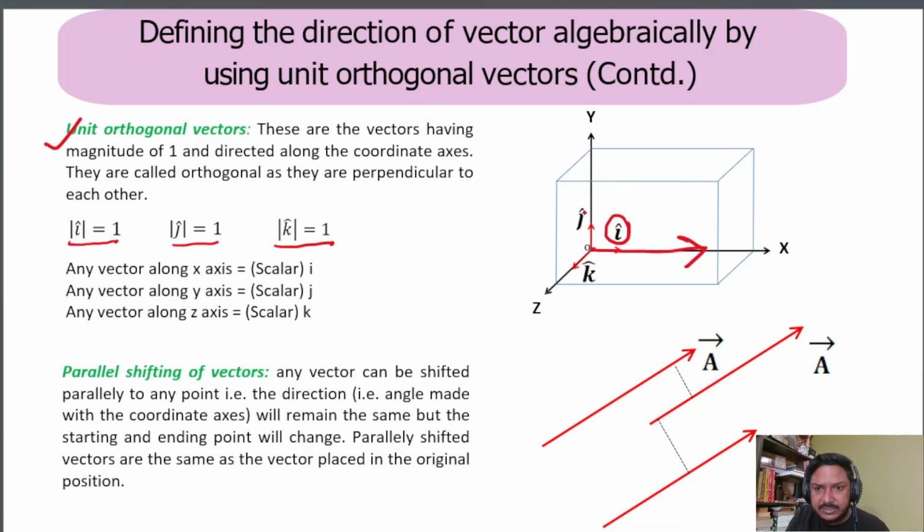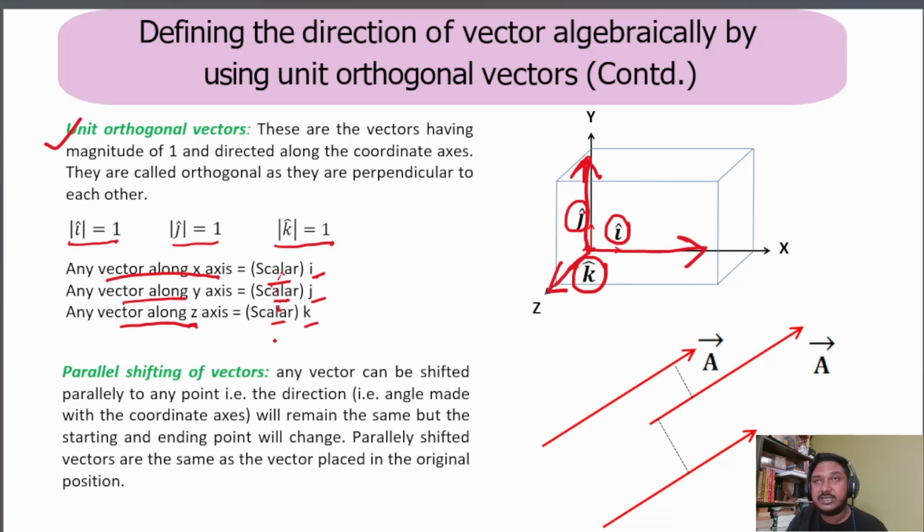If we multiply some magnitude with j cap, we will get a vector along the y-axis. If we multiply some magnitude with k cap, we will get a vector along the z-axis. So simply by multiplying some scalar with i cap, we get a vector along x-axis, with j cap a vector along y-axis, and with k cap a vector along z-axis.